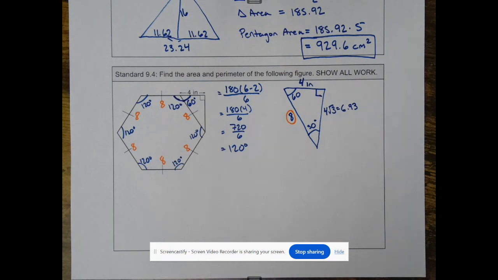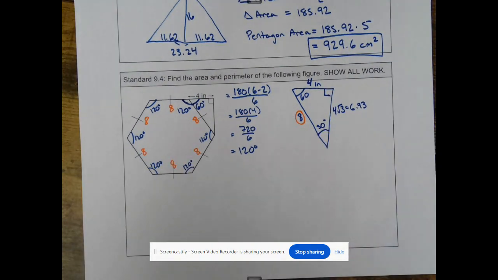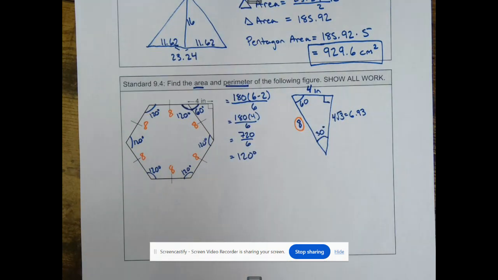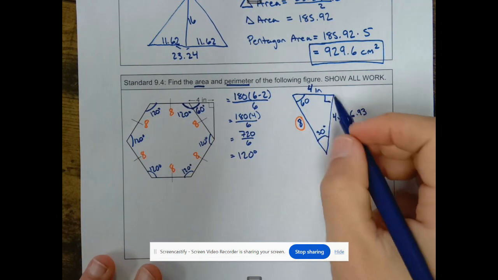Great. Okay, so what's our next step here? Next, we've got to find the area of both this triangle and the whole polygon. We need to find the area and perimeter of the whole thing. So let's find the area of this triangle.